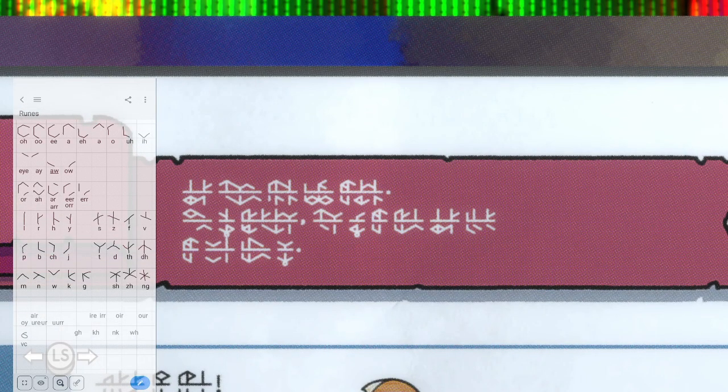One is secret, but you read this. No, it says you read this.